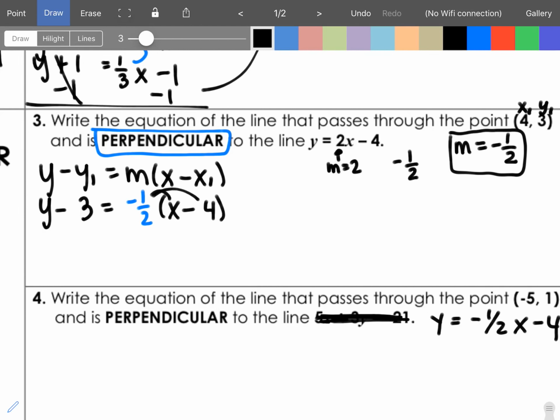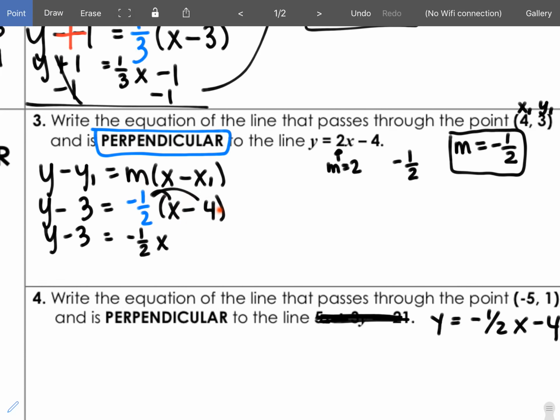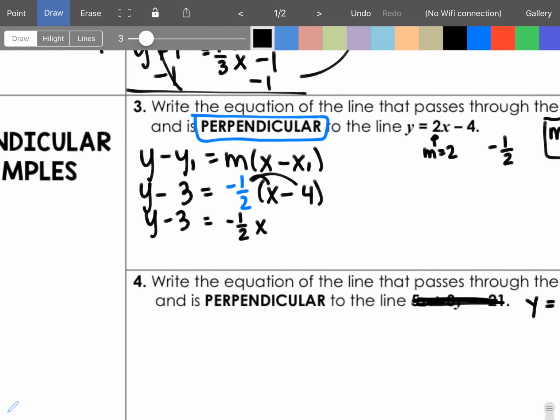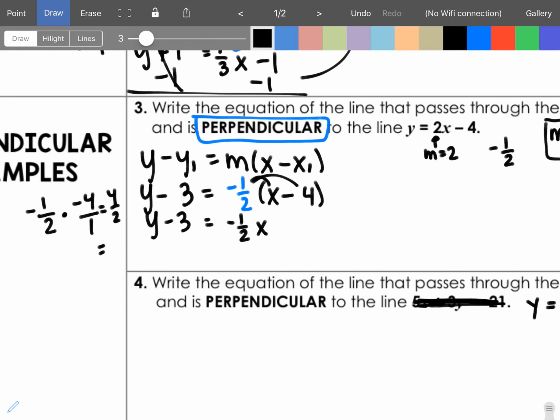So now we distribute and solve. Y minus 3 equals -1/2 x. Now -1/2 times a -4. So it's a positive 4/2, because -1 times 4 is positive 4, and then 2 times 1 is 2.